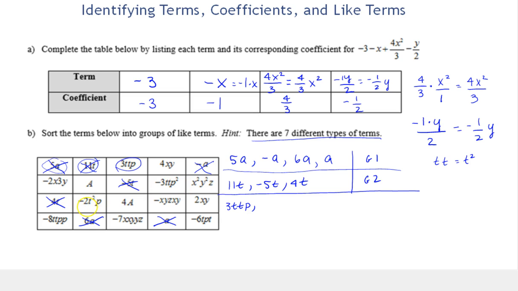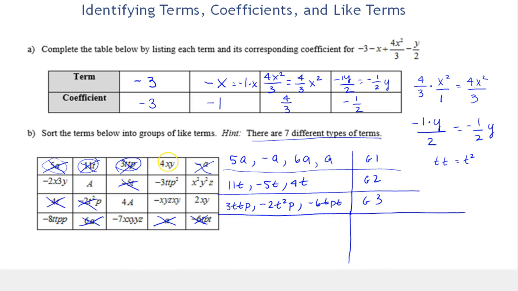Here we have 2 factors of t and 1 factor of p, so this is a like term. No. Here's 2 t's and 2 p's. We need 1 p. And notice this has 2 factors of t. They're separated, but they're equivalent, and 1 factor of p. So this does fall in this category. So negative 6tpt. Call that group 3.